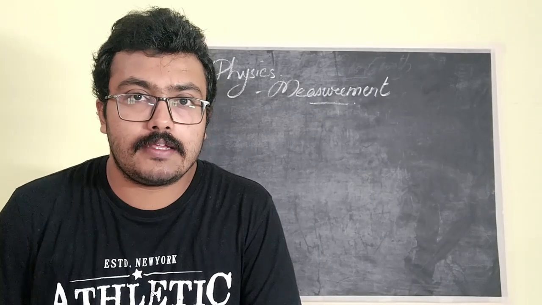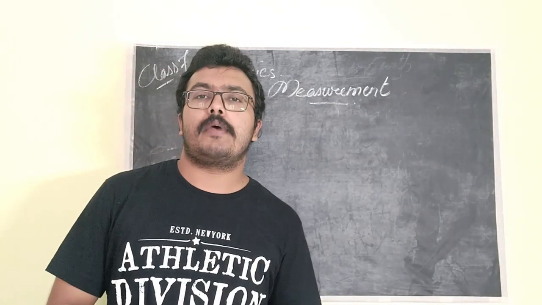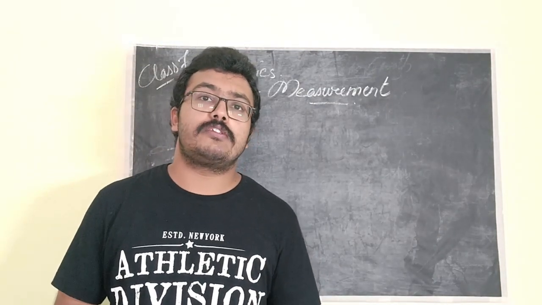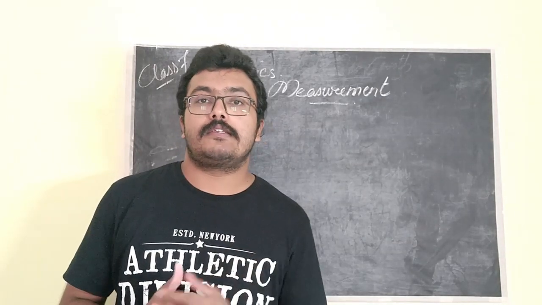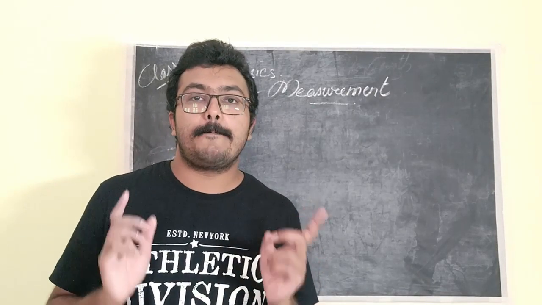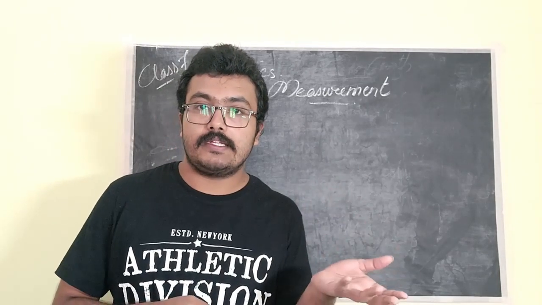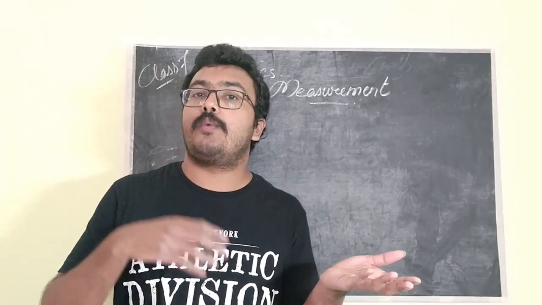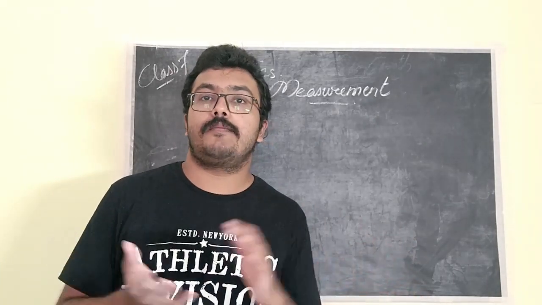Alright, let's move on to our third concept, that is a spring balance. A spring balance is a device used to measure the weight of a given substance. Yes, mass, weight, right? What is the difference between mass and weight? You already know mass is the number of materials contained in a substance, whereas weight is the gravitational pull towards the earth.